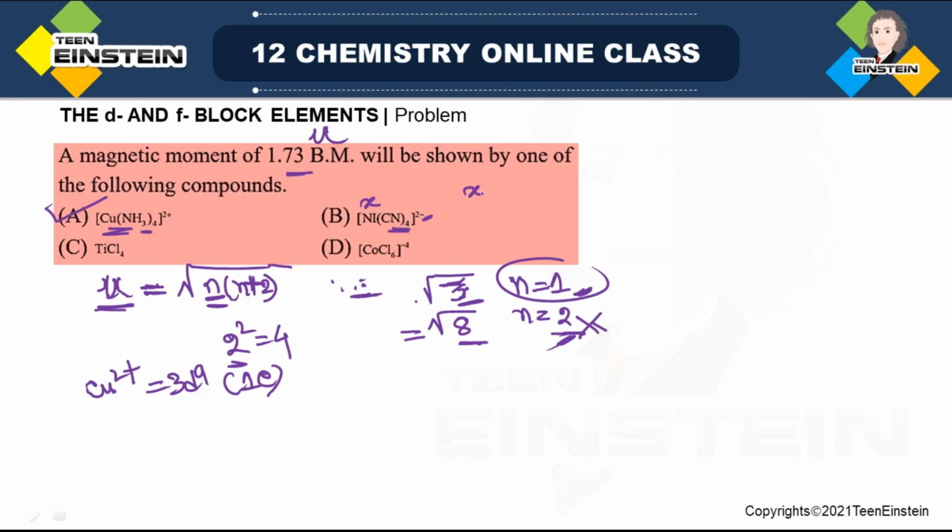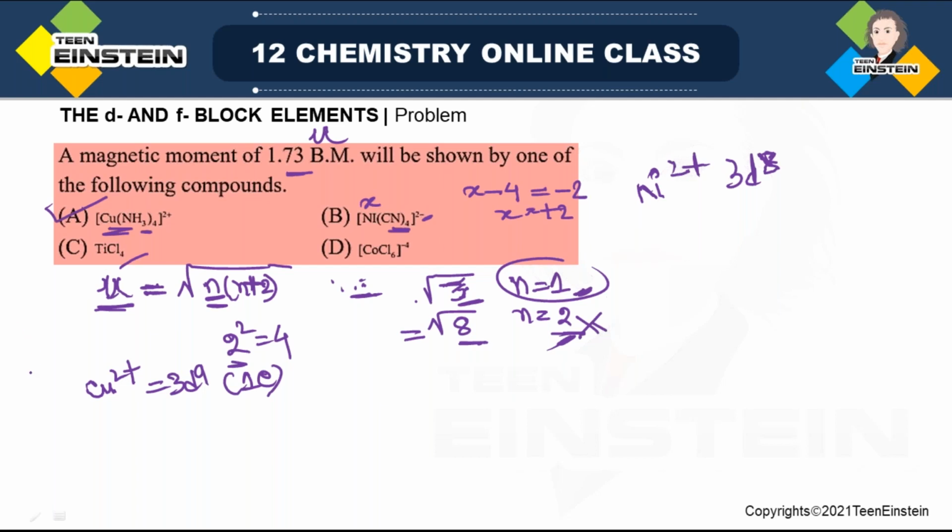So if it is X, it will be X minus 4 for cyano, overall minus 2. So X is plus 2. That means it is nickel 2 plus system. And nickel 2 plus system is basically 3d8. But in 3d8, it is not that it is having one unpaired electron. That is not true. So this is not correct option.